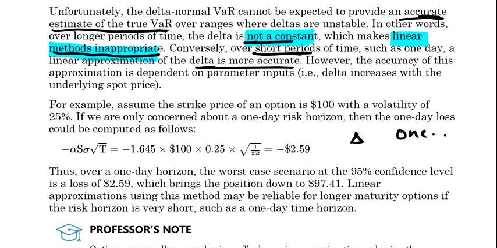Clear? But this accuracy is completely dependent upon the parameters we are taking into account. As the delta will increase with the underlying spot price, if the price of Reliance is increasing, the value of the delta will also increase.